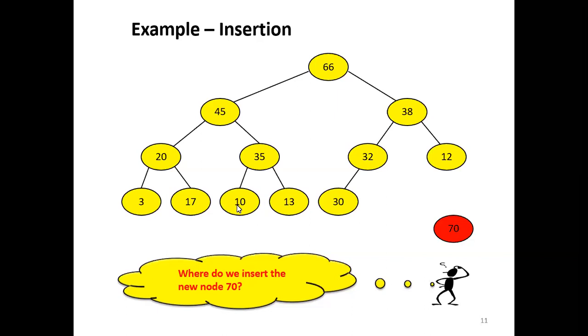Second, we insert from the left towards the right. If we start from the left, this is occupied, so we move to the right, and the only space we can insert is this place. So this will be the position for inserting 17.